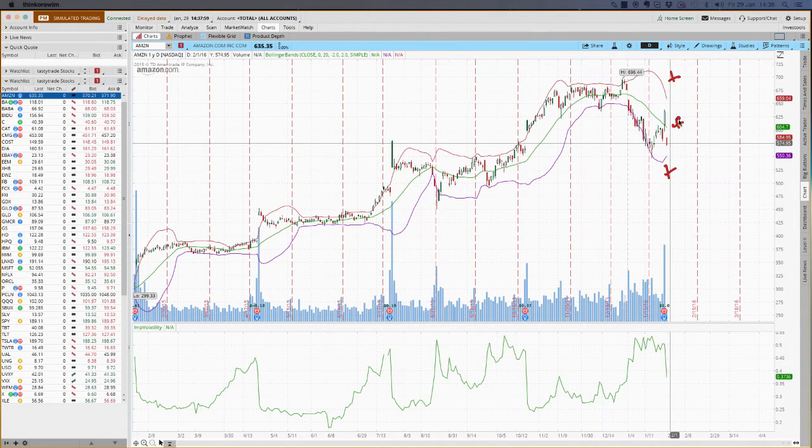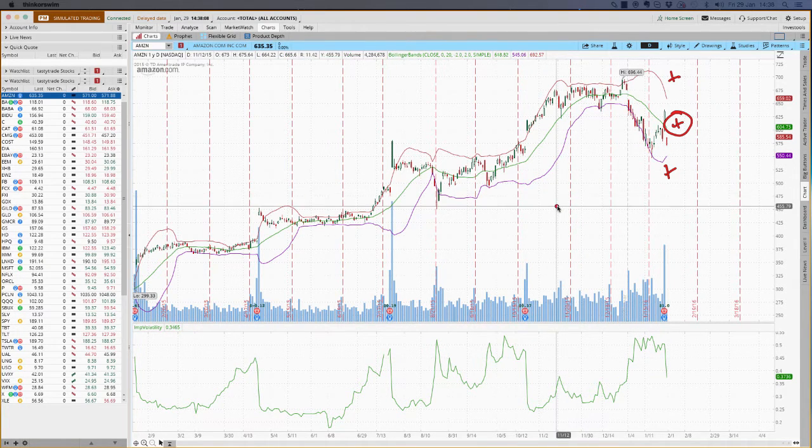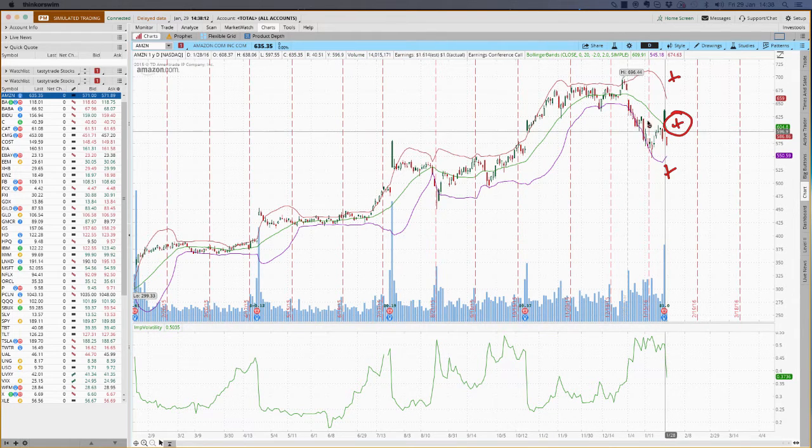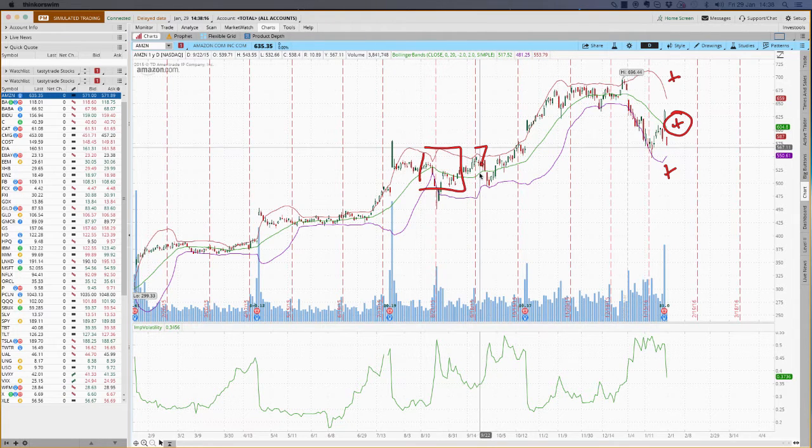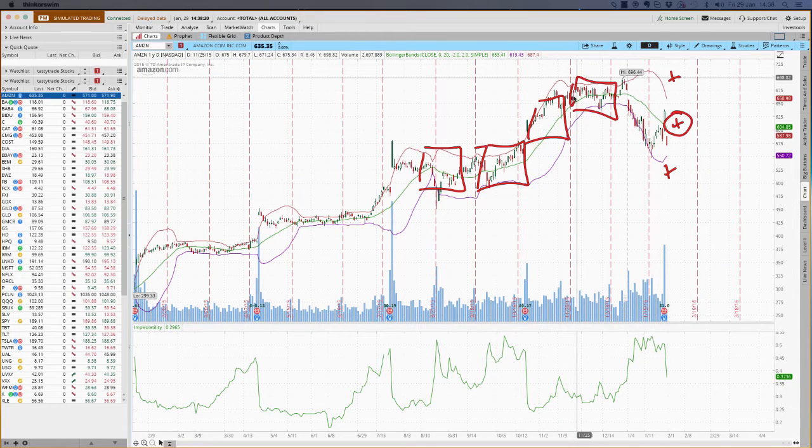So what this indicator does is it takes this mid band, which is a 20 period average, and all that means is it's taken the closing price over every 20 days or segments, and it's added up the closing price and then divided by 20 and then plotted the data points.